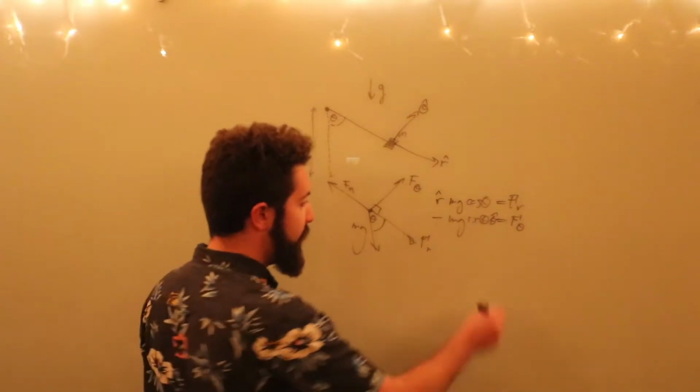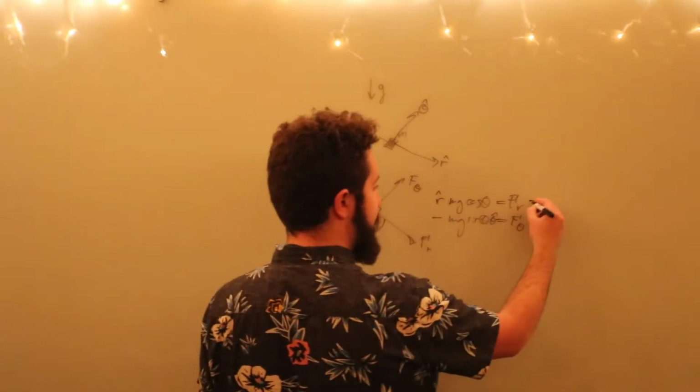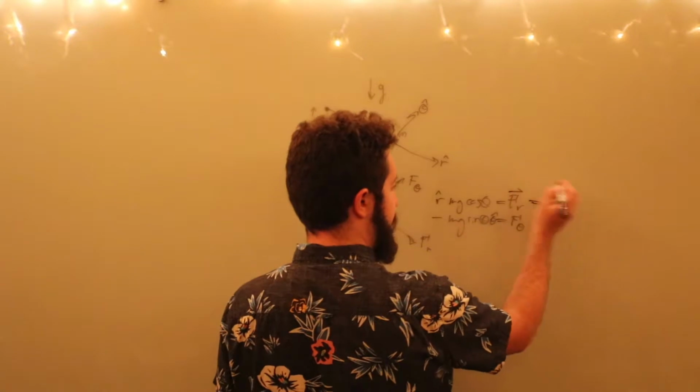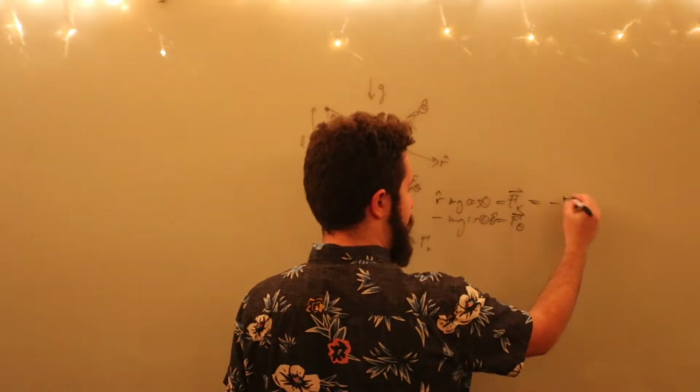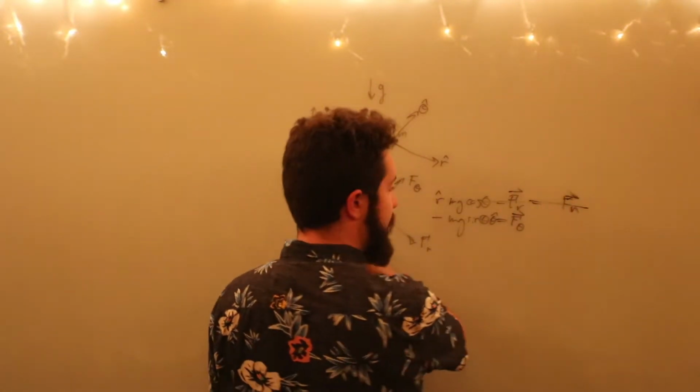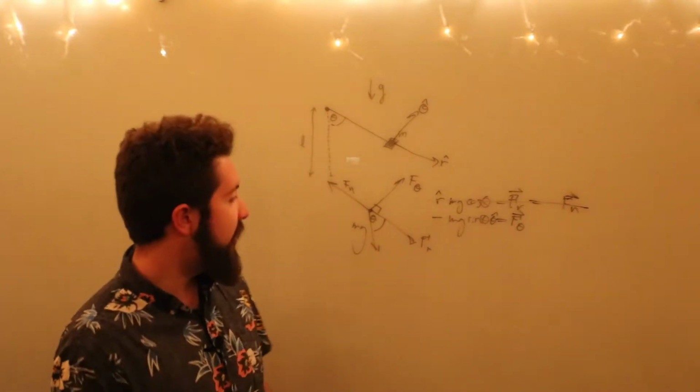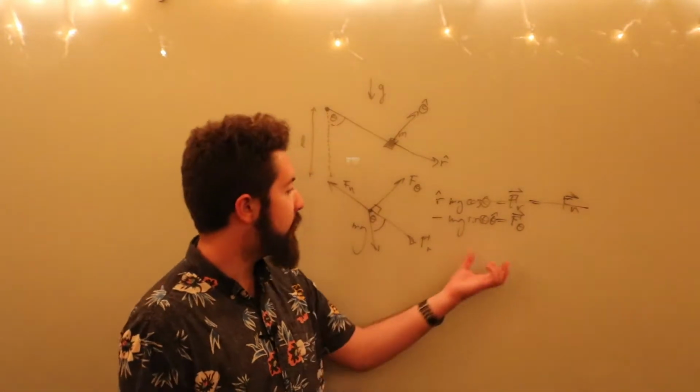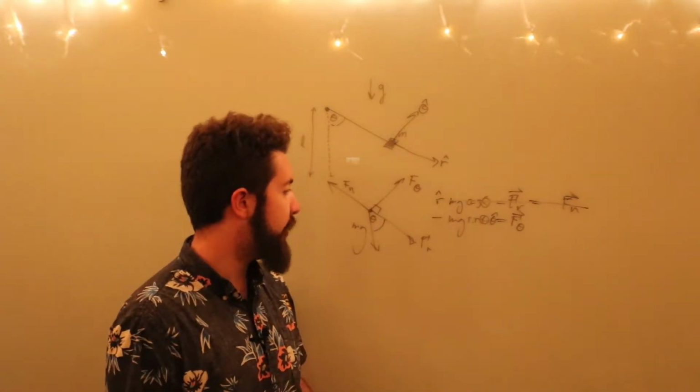Okay, since the normal force balances the radial force, this is just going to be equal to the negative of the normal force, and that part is all solved and figured out. That doesn't pertain at all to the motion. We're only interested in the tangential component here.